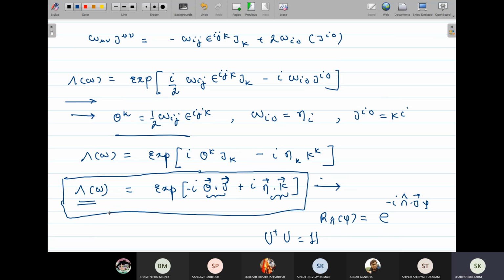It is a general fact about the Lorentz group, because the Lorentz group, because of these boosts, is non-compact. And for a non-compact group, you cannot construct any finite dimensional unitary representation. That is the group theory statement.